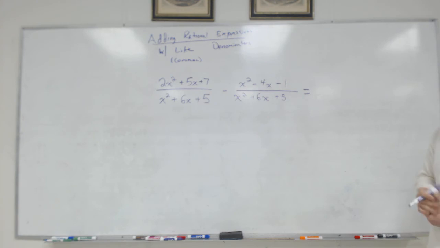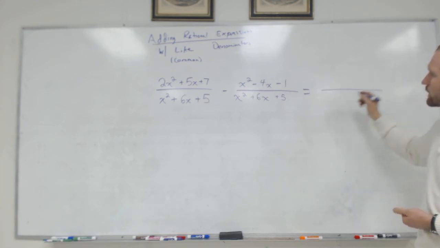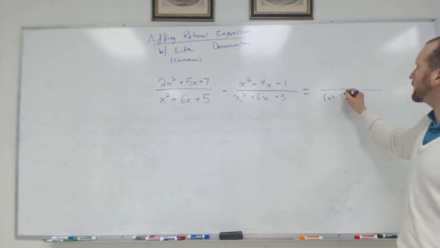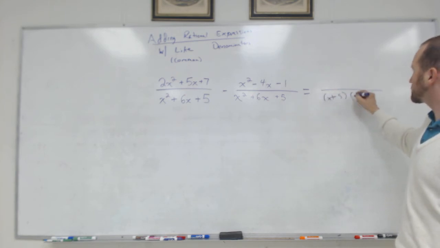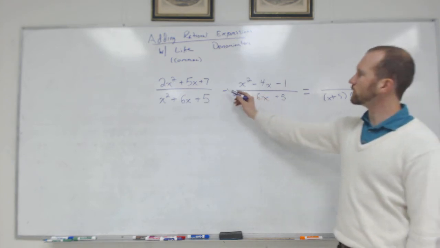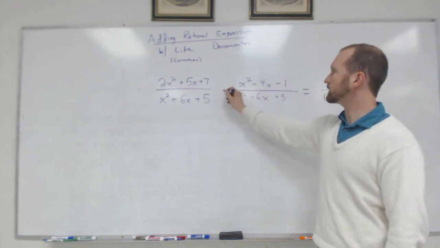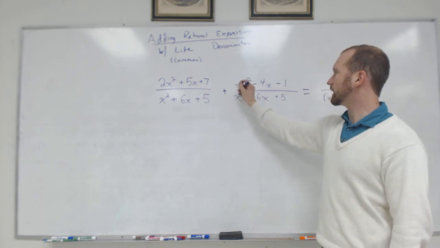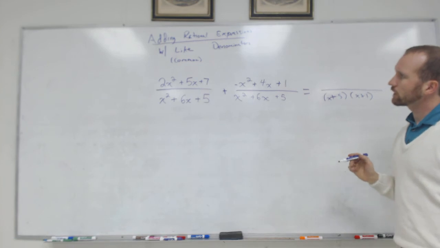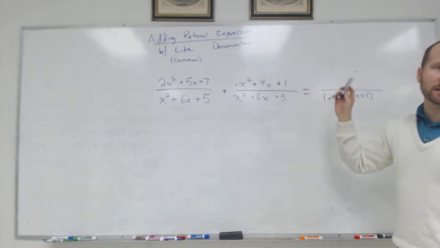So let's think about what this would be factored: x plus 5 and x plus 1. That's going to be our common denominator. And then let's just distribute this negative, right? So if I make this plus, this becomes negative, this becomes plus, this becomes plus. And then I just line up my like terms.